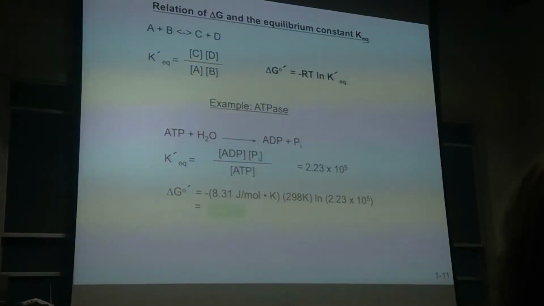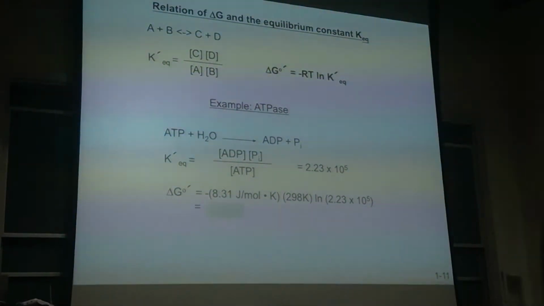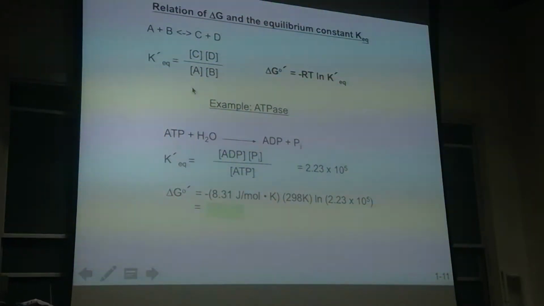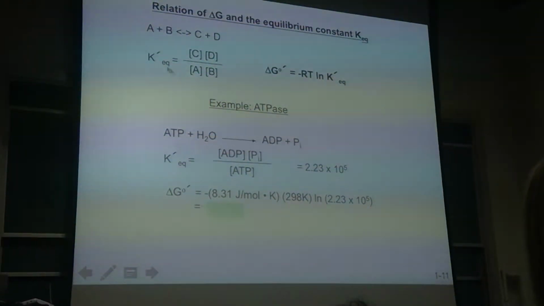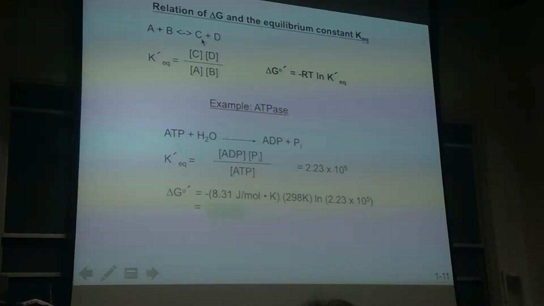We relate delta G to the reaction in a number of ways. This is one of the standard ways, and you're going to need to know this and use this. If you have a reaction where A plus B goes to C plus D, you have the K equilibrium as the concentration of the reactants over the products.